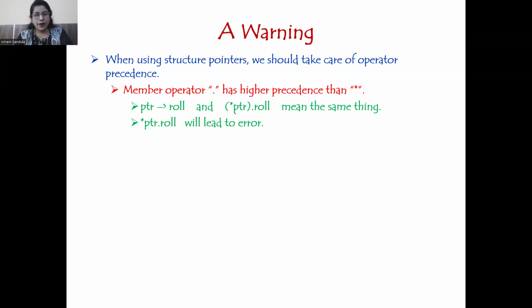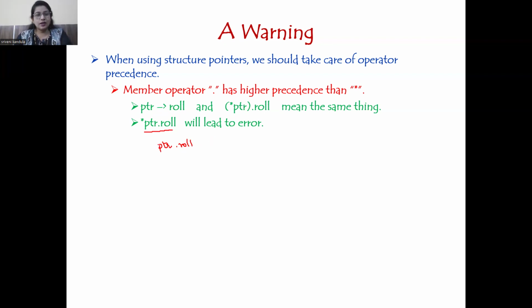Now, by mistake, suppose I forgot to enclose this ptr in parentheses. Then what will happen? Since dot has higher precedence, first it will be evaluated as ptr dot roll. But ptr is a pointer variable, and there is no way of accessing it like that. So this will lead to an error.